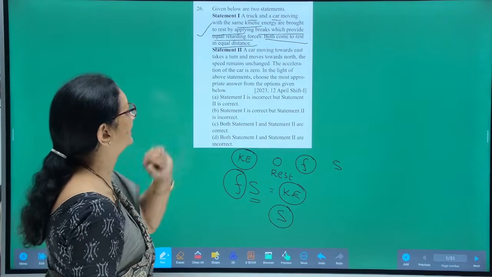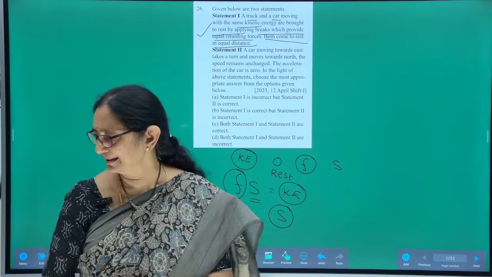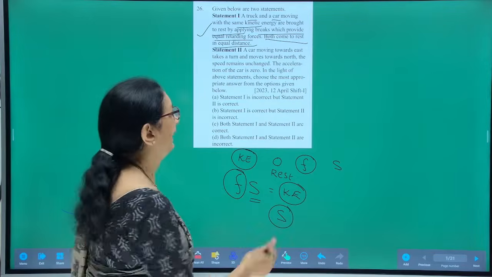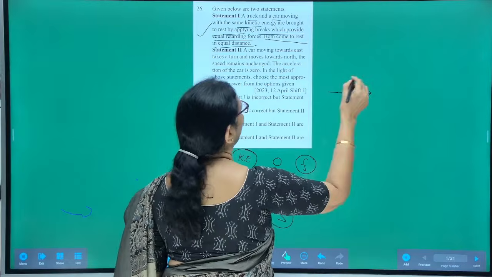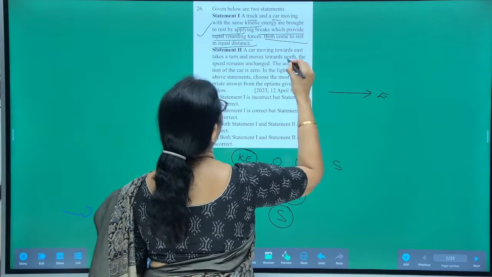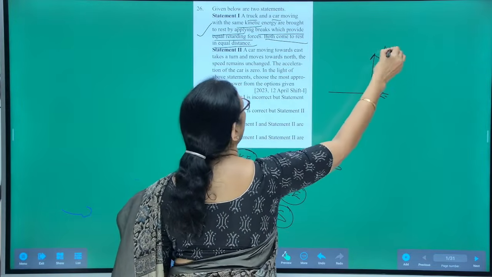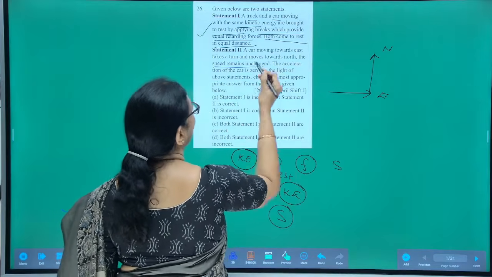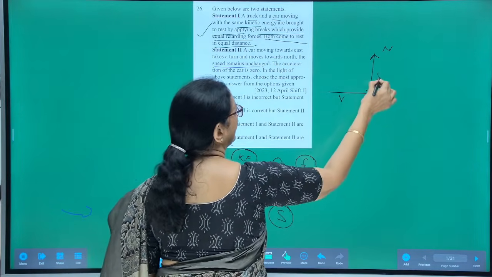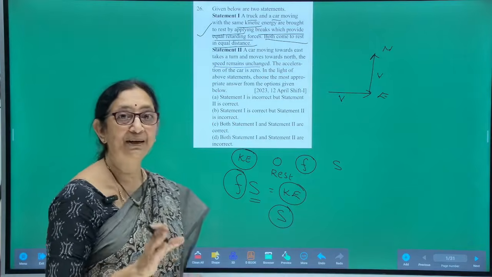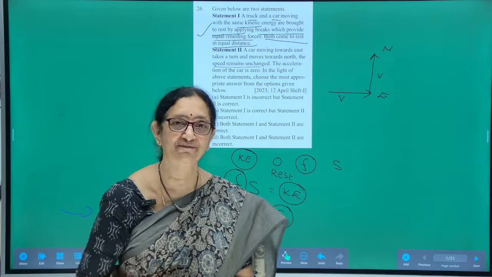Now, look into the second statement. A car is moving east, takes a turn and moves northwards. The speed remains unchanged. So the speed of the car is the same, but the direction is changed. How about the velocity?